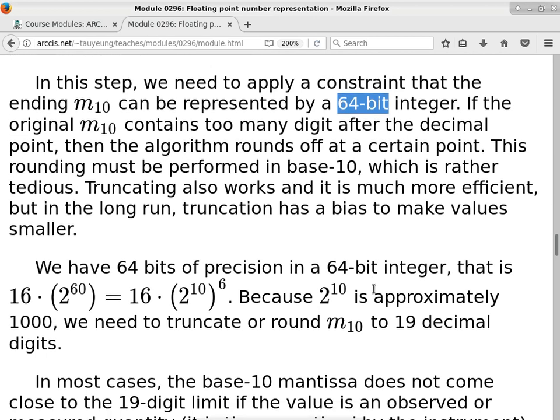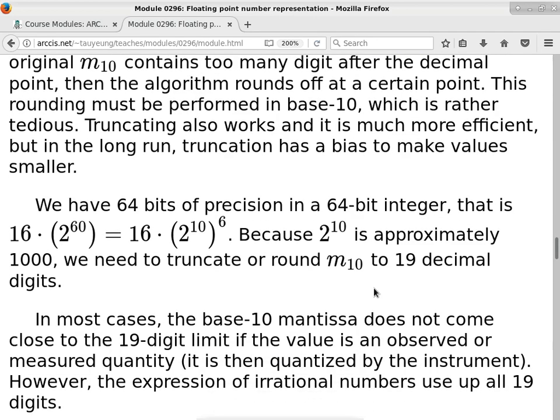The slide here talks about how to guesstimate how many digits we are dealing with. So we look at a 64-bit integer that is unsigned, okay? And as an unsigned integer, the largest value it can represent is 2 to the power of 64 minus 1. That's the largest positive value that an unsigned 64-bit integer can represent.